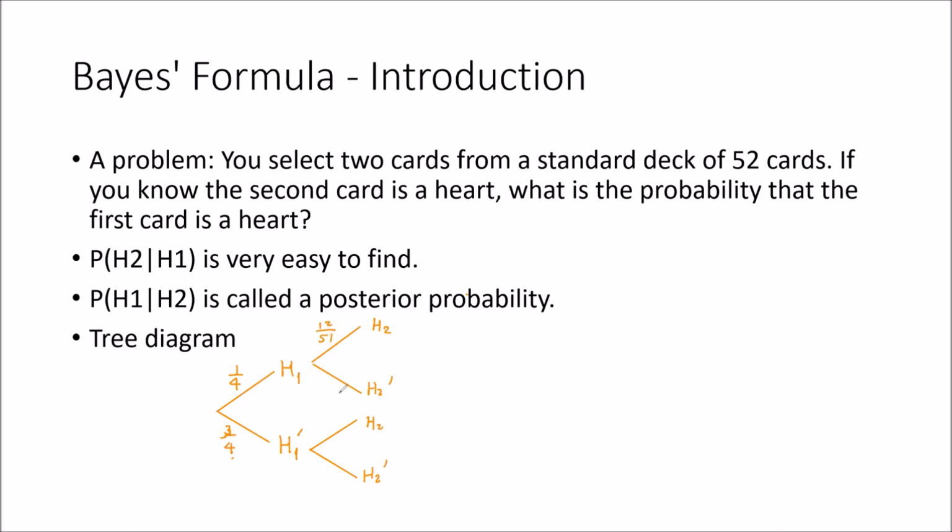And then if the first card is a heart, the probability that the second card is a non-heart would be 39 over 51. 39 comes from 51 minus 12.